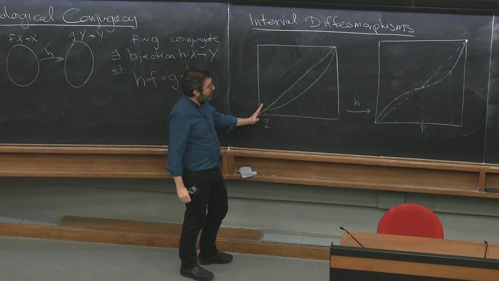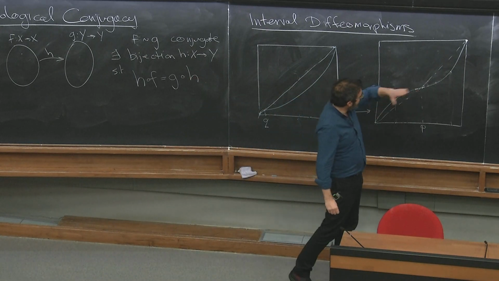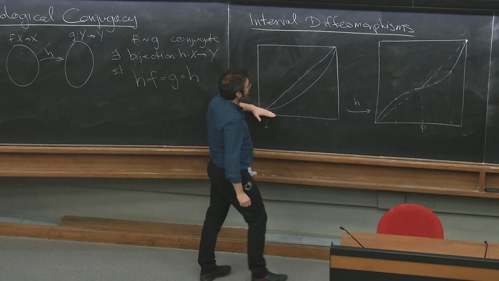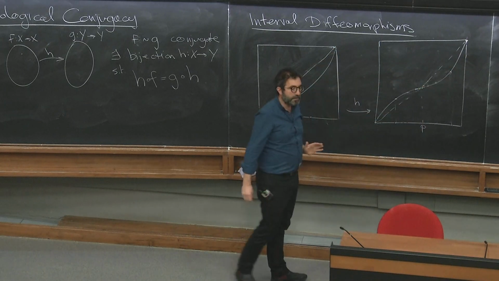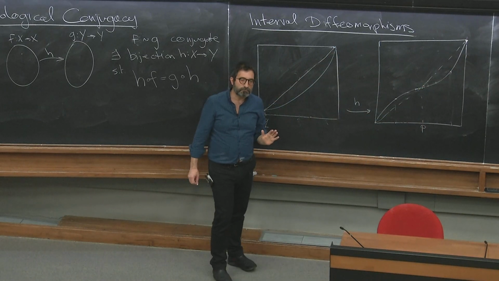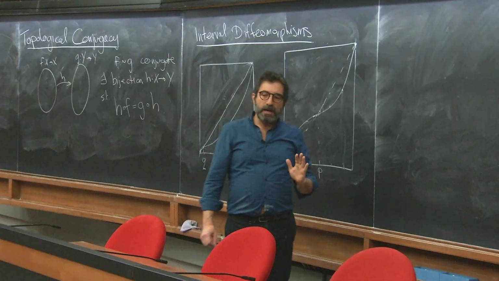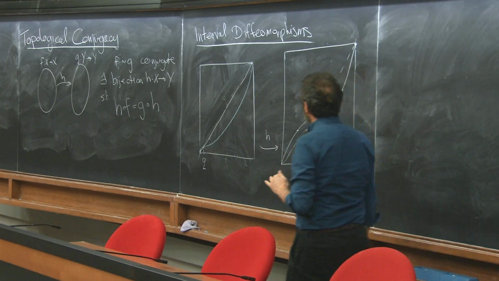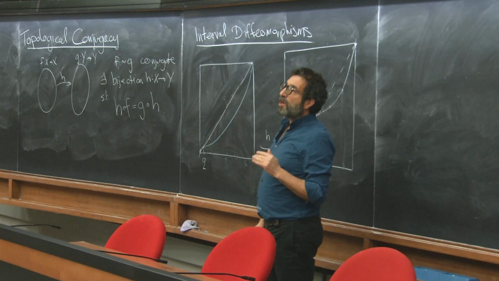The slope of the graph here should be exactly the same as the slope of the graph here. The derivative at this point P should be exactly the same, and the derivative at this end point here should be exactly the same. So you can see that the jump from topological conjugacy to C1 conjugacy is a very big jump.